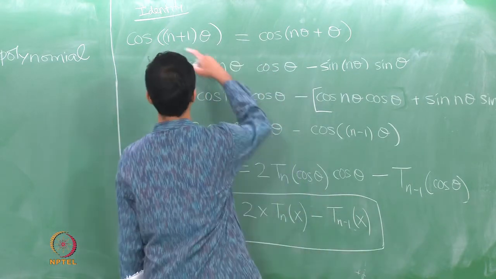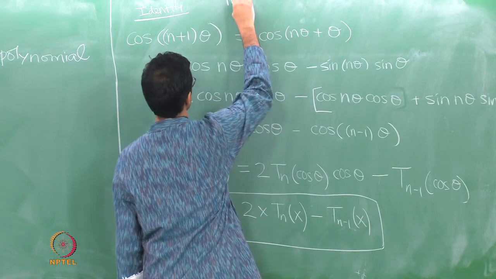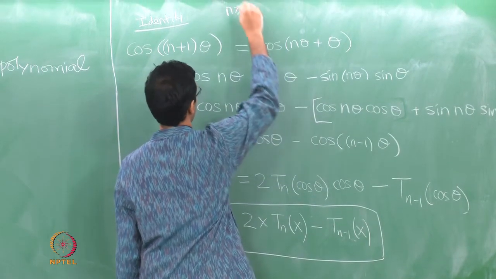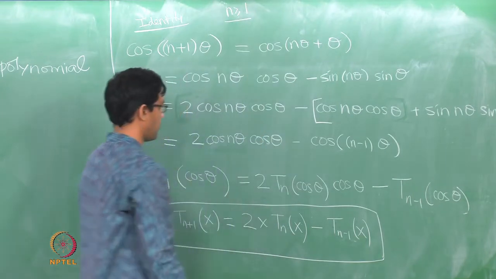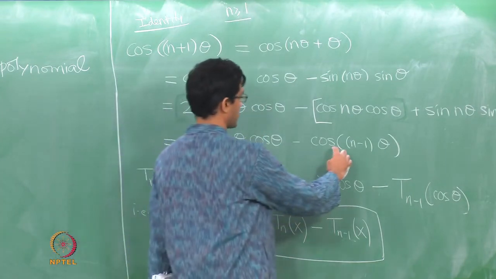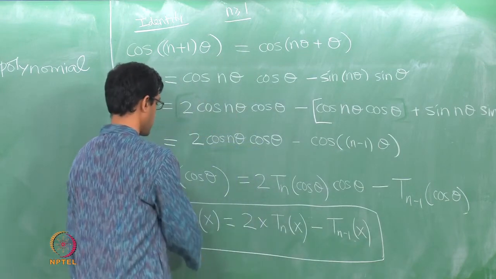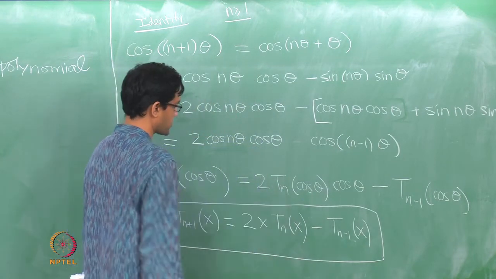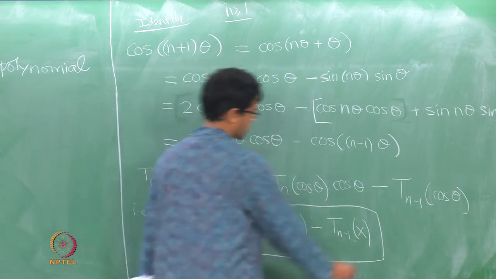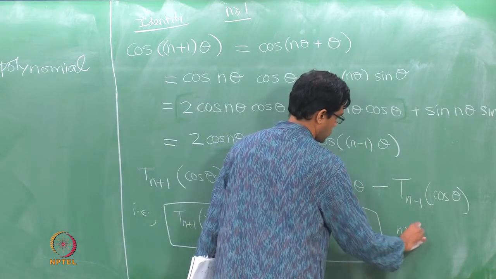And this is valid for what values of n? Well, here I need at least n equals 1 in order for all this to make sense, because I am looking at least at cos of 0 over here. Okay, so T n plus 1 of x is just 2x Tn of x minus T n minus 1 of x. This is valid for all n at least 1.